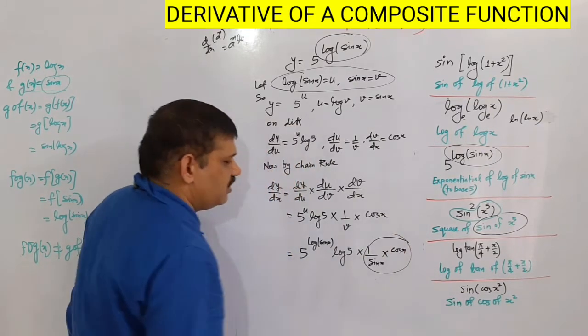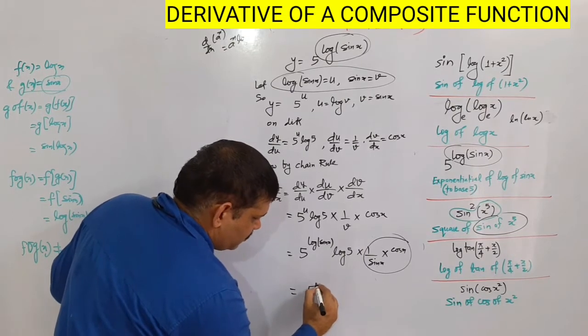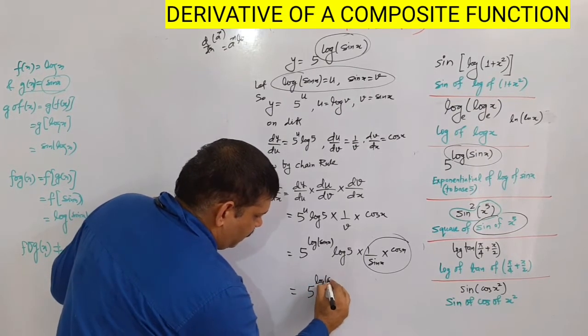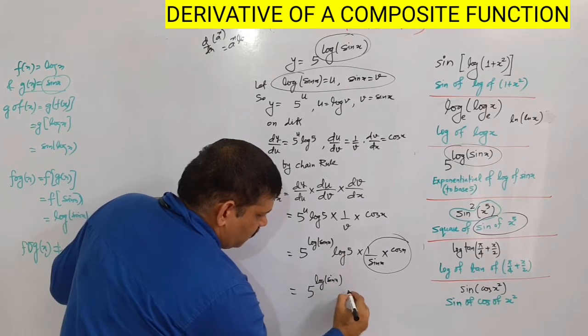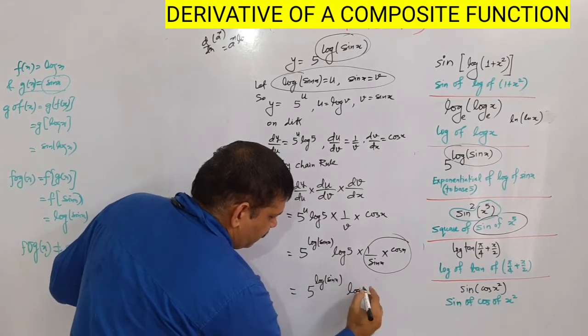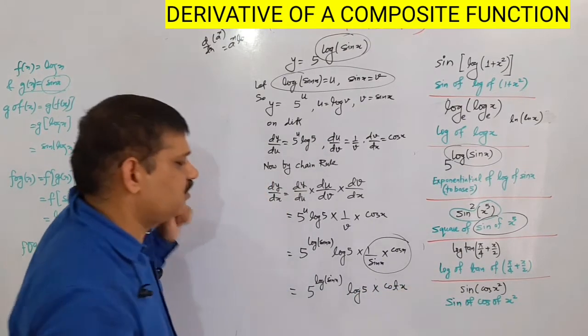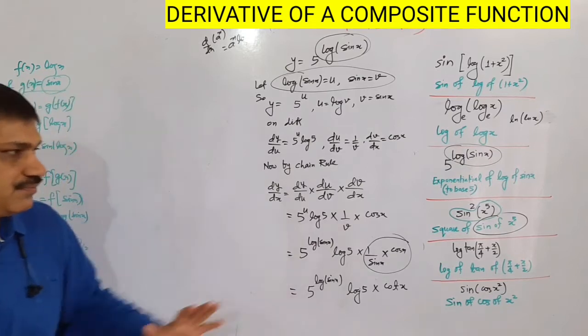This cos upon sine can be written as cot of x. So the answer is 5 raised to log of sine x multiplied by log of 5 into cot of x.